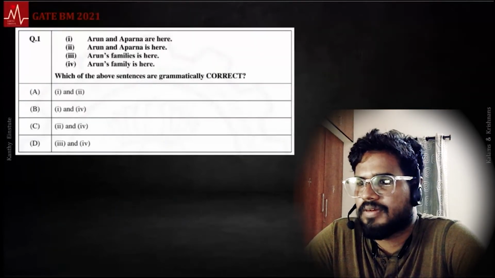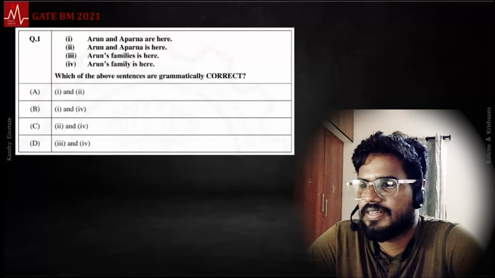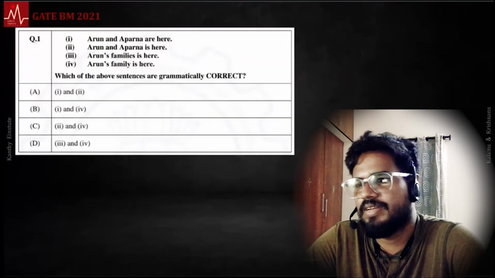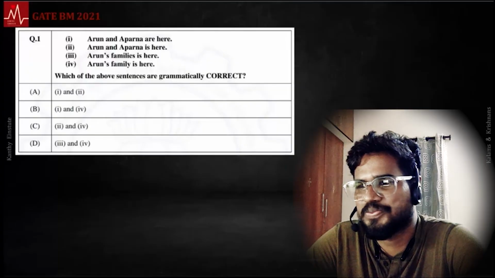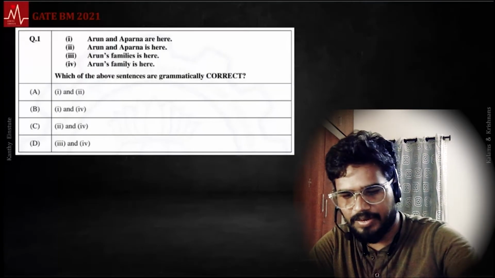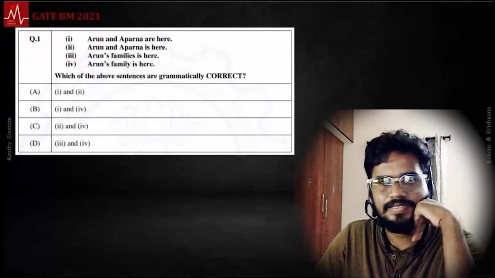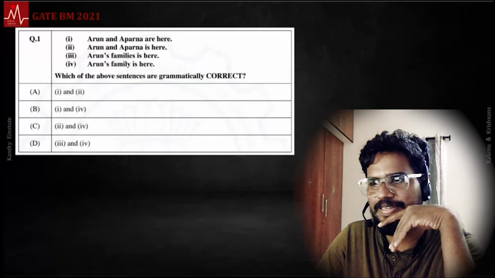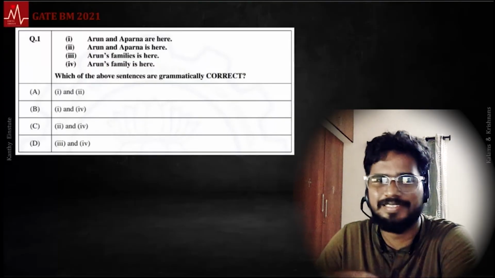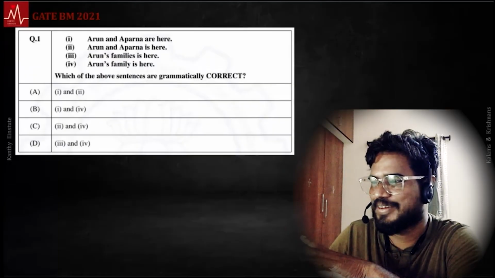Arun and Aparna are here. Arun and Aparna is here. Arun's family is here. Actually, my spider sense got activated quite a bit, but what is the answer here? Arun's family. Sir, this Arun has multiple families. Let's look at the typical scenario. Sir, Arun ice cream family.